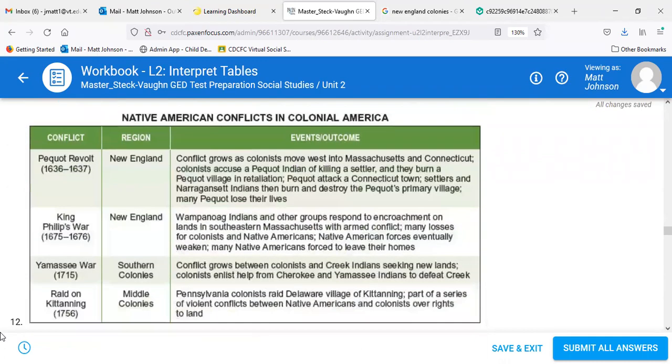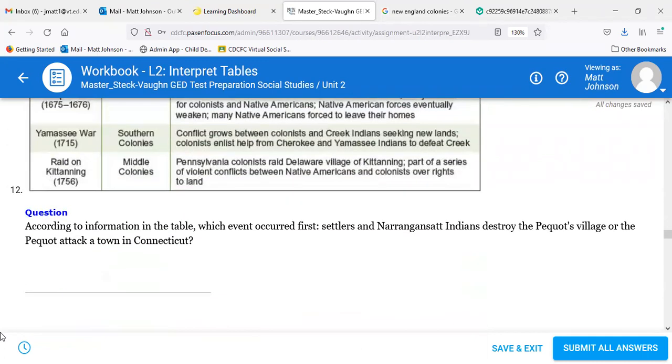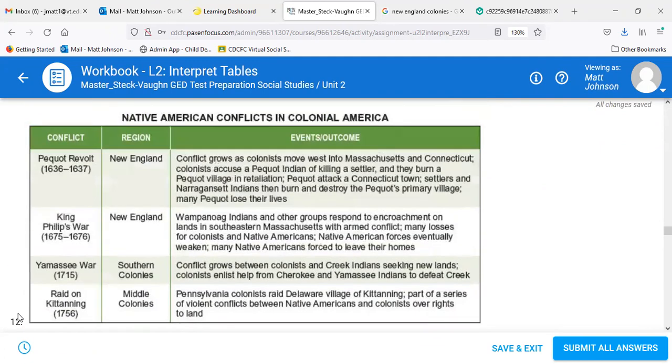So 11 is land. And then 12, so which event occurred first? Either the settlers and Narragansett Indians destroyed the Pequot village, or the Pequot attack a town in Connecticut. Which of those two events happened first? So the Pequots actually attack a town in Connecticut first.